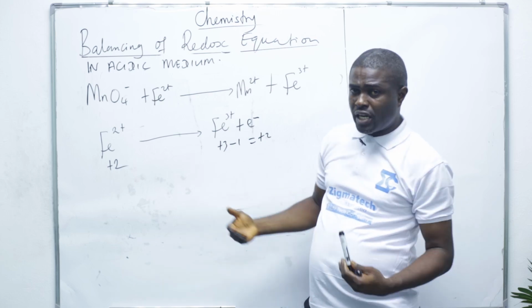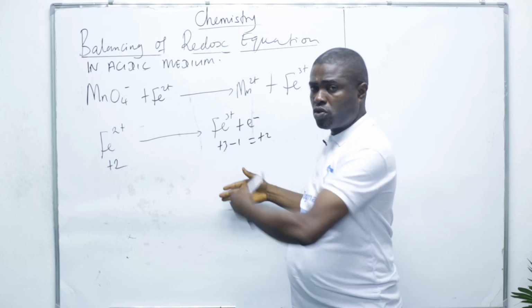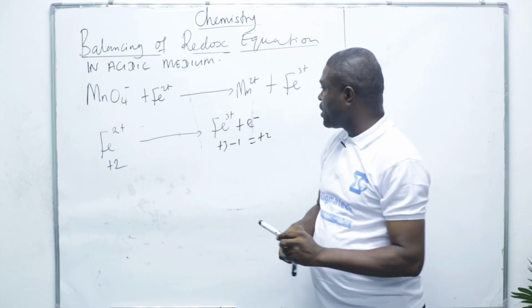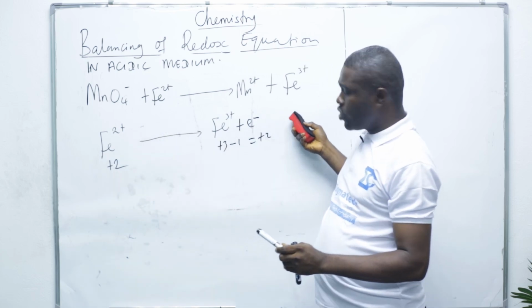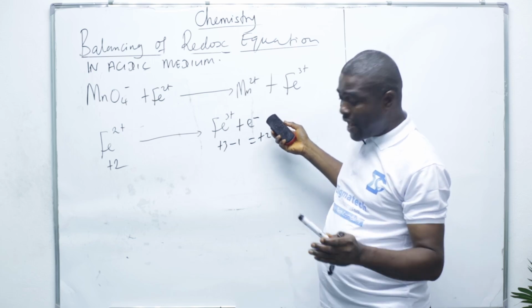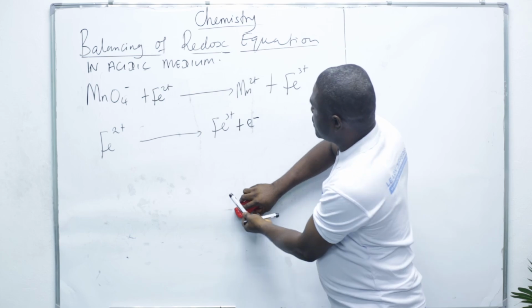What did I do? I introduced electron to where I have the higher number, so it reduces it and makes it equal to the other side. So I have balanced this oxidation half equation, both in terms of atoms and in terms of charges.